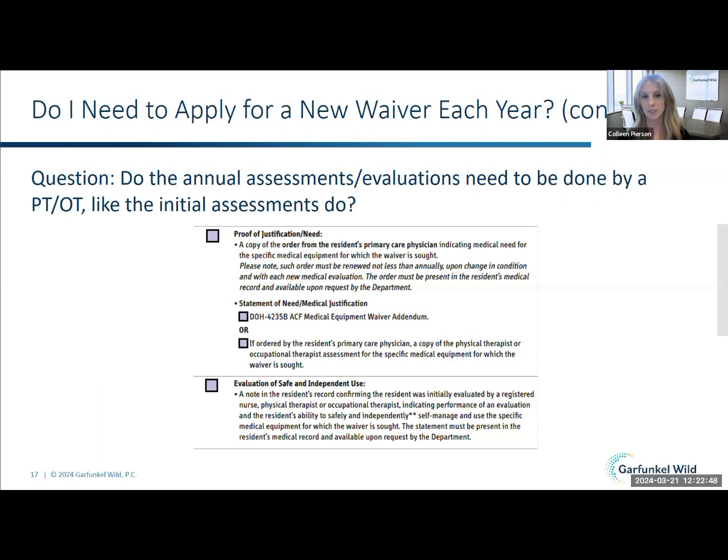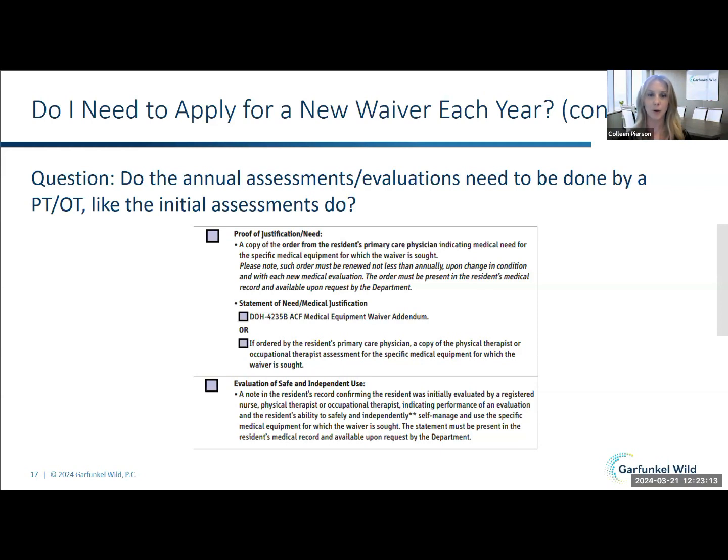To me, there was an inconsistency in the directions surrounding these assessments that you need to do. So there are two assessments. One is for need, that the resident needs the equipment, and the other is to assess for safe and independent use.